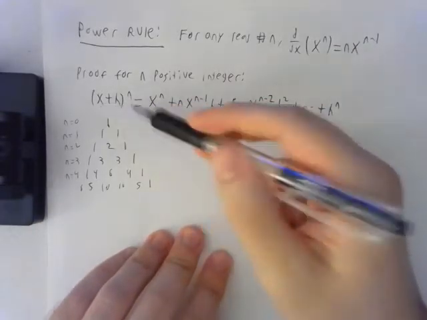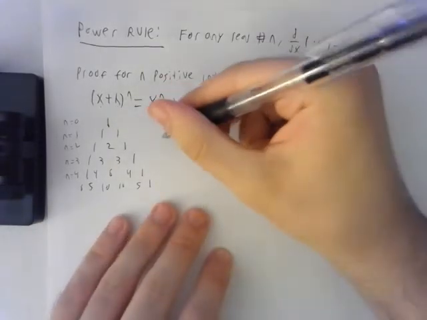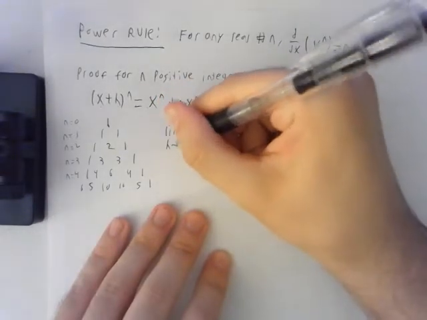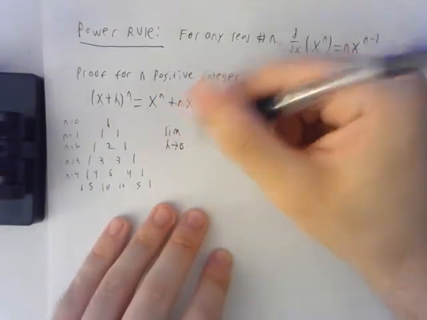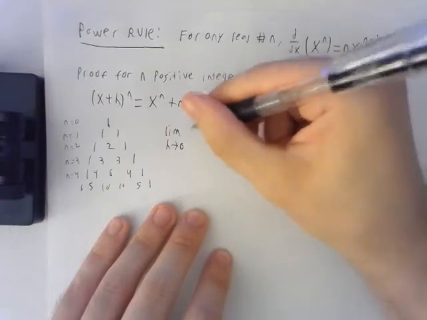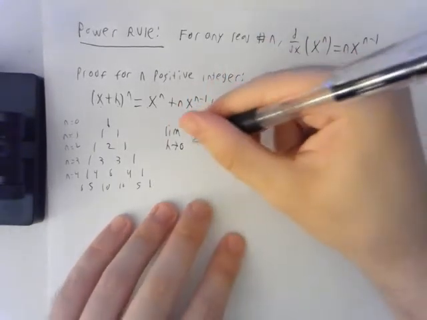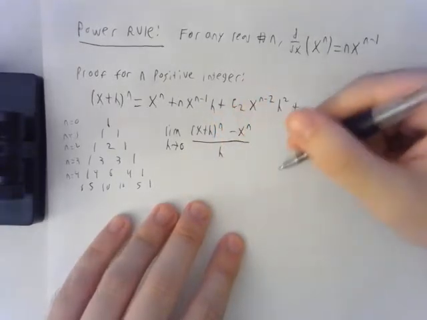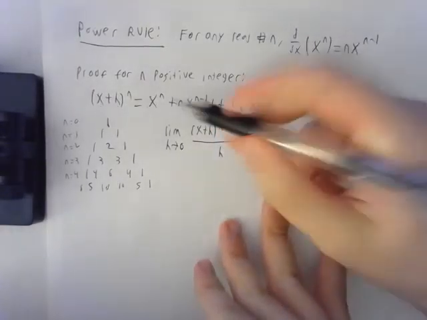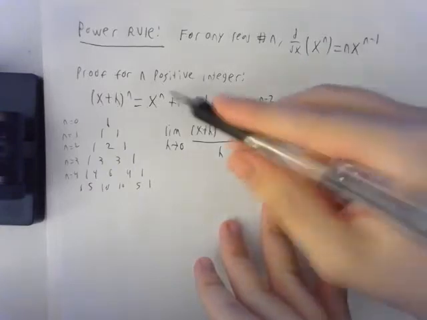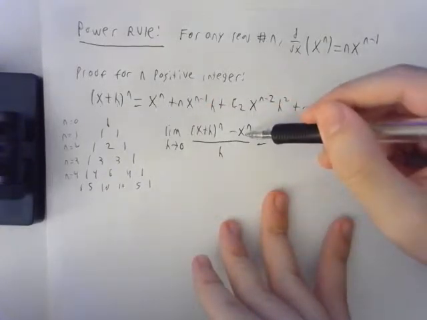So based on our knowledge of this, let's take a look at the definition of derivative. We have the limit as h goes to 0 of x plus h to the power n minus x to the power n, divided by h. Let's plug in our expansion here. We'll have x to the n, but then minus x to the n.